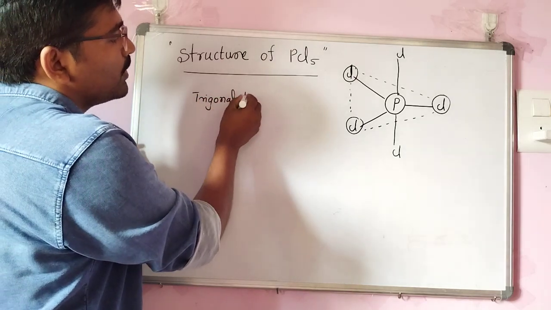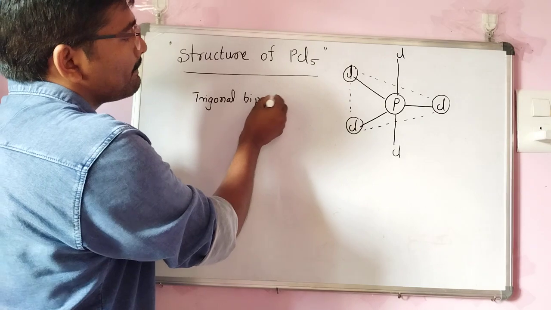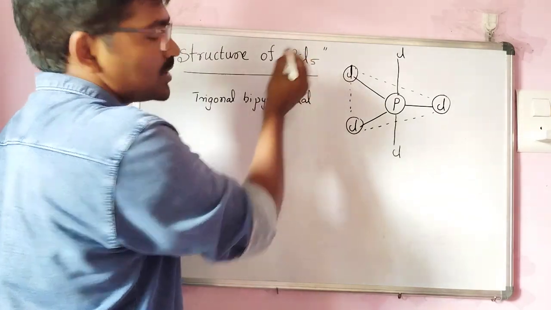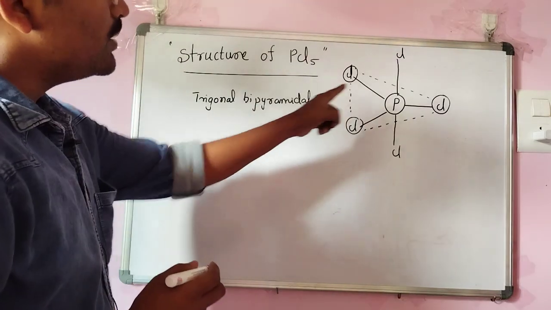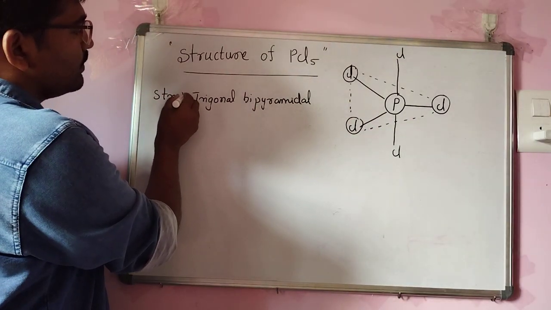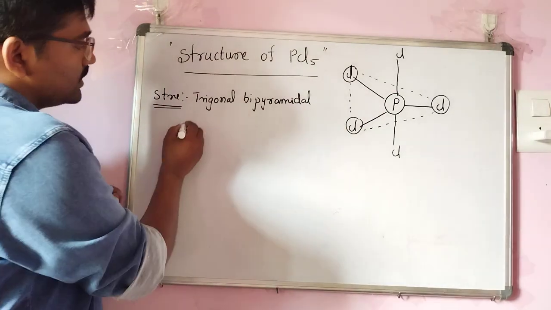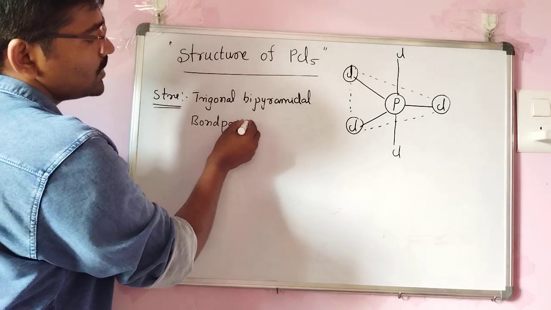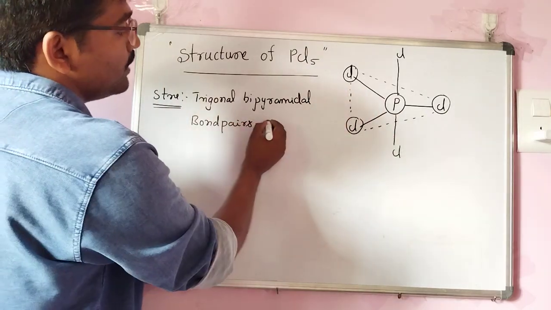Trigonal bipyramidal structure. How many bond pairs are there totally? Totally 5 bond pairs are there.